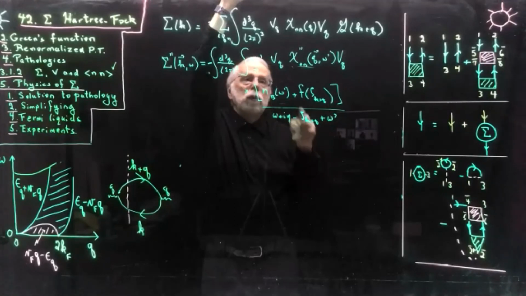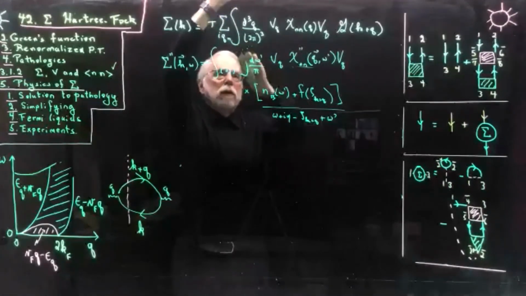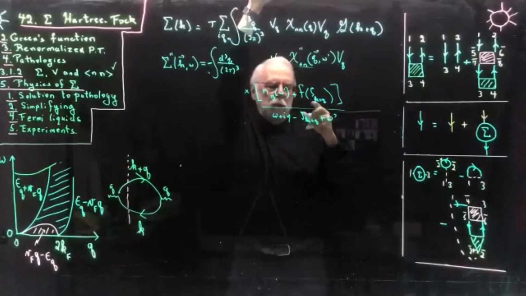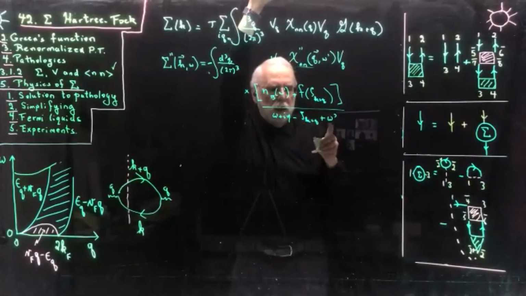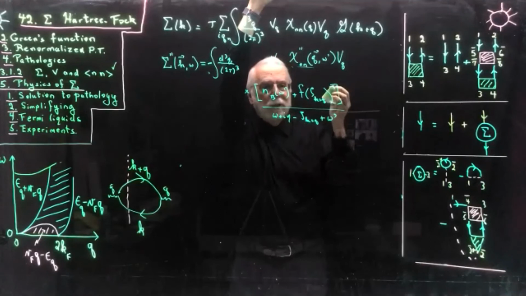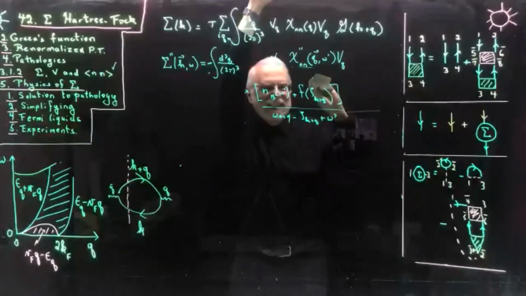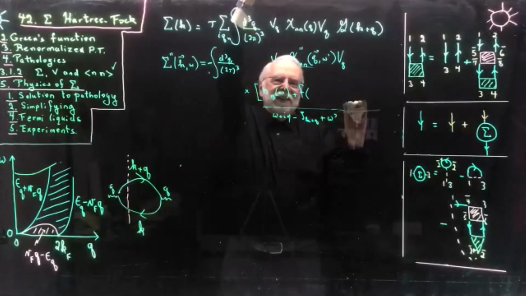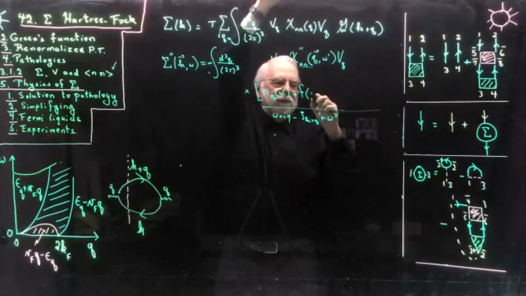So when I do the omega prime integral, I can replace zeta k plus q by omega plus omega prime. You see, this is a proof by erasing. Sorry. Okay. So I get omega plus omega prime.